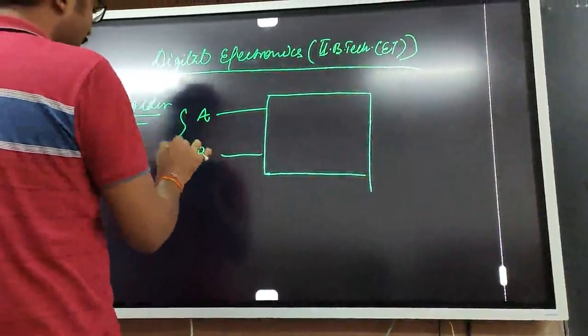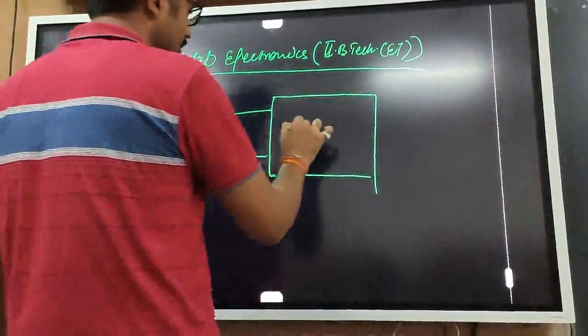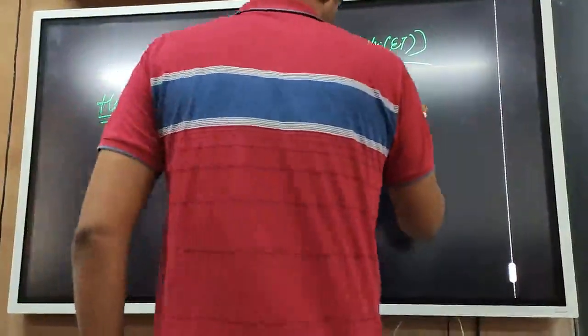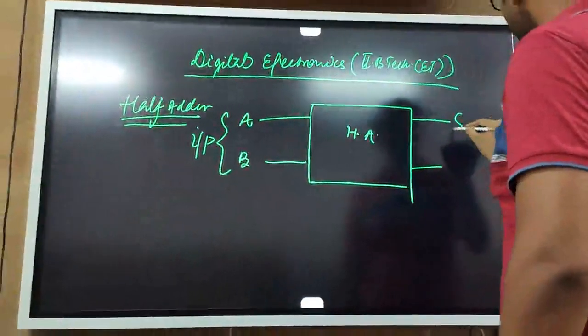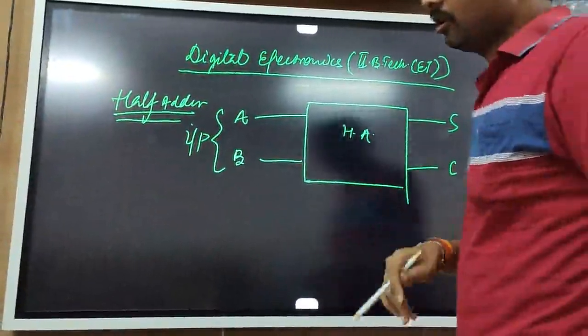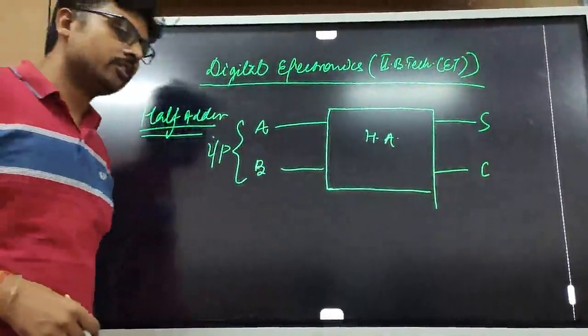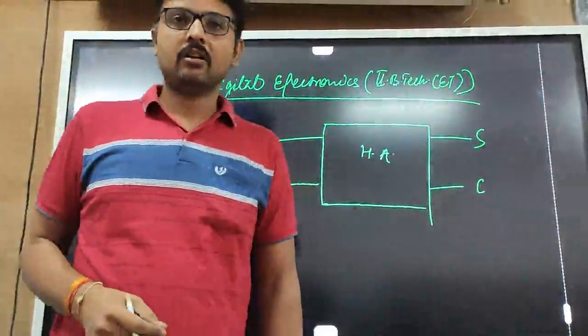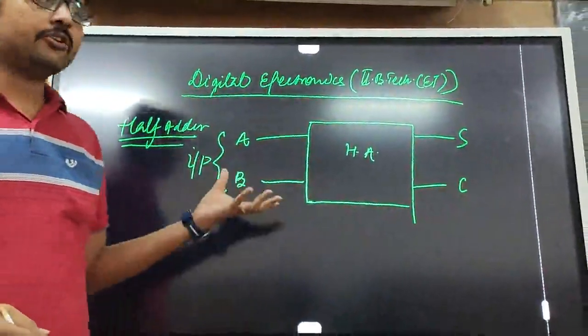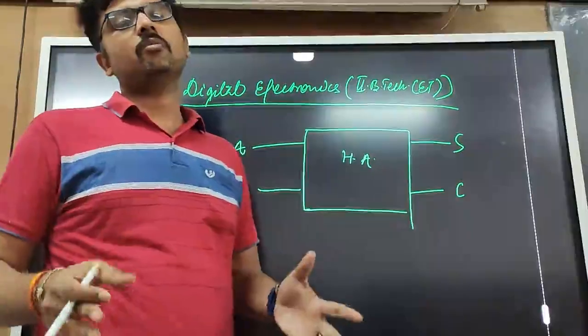A and B are input terminals. This is half adder and this produces sum and carry. So half adder and full adder both are combinational logic circuits which are used for the addition of two numbers.